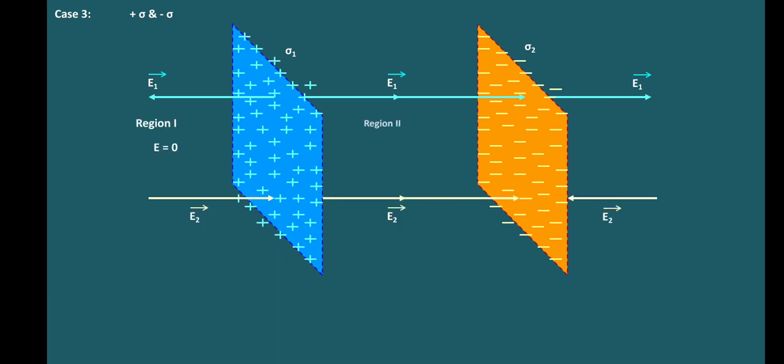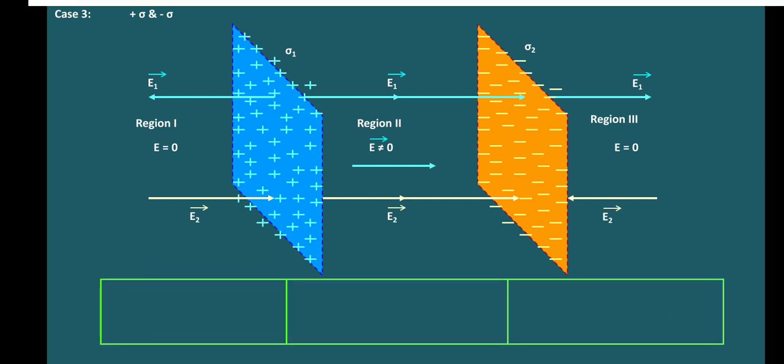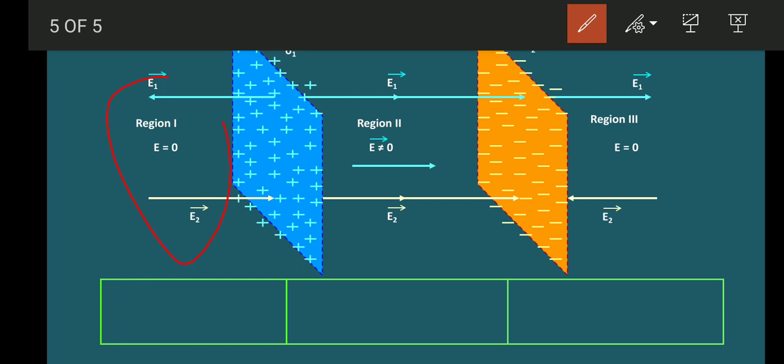But in this case, region 1 will have zero electric field intensity, and region 3 will also have zero electric field intensity, because they will be subtracted since they have the same surface charge density. Sigma minus sigma divided by 2 epsilon naught is equal to 0. Here also sigma minus sigma divided by 2 epsilon naught is equal to 0, but in region 2 it will not be equal to 0.